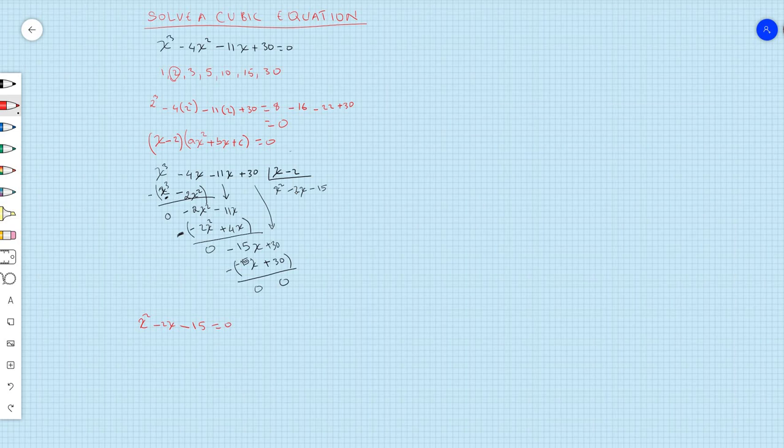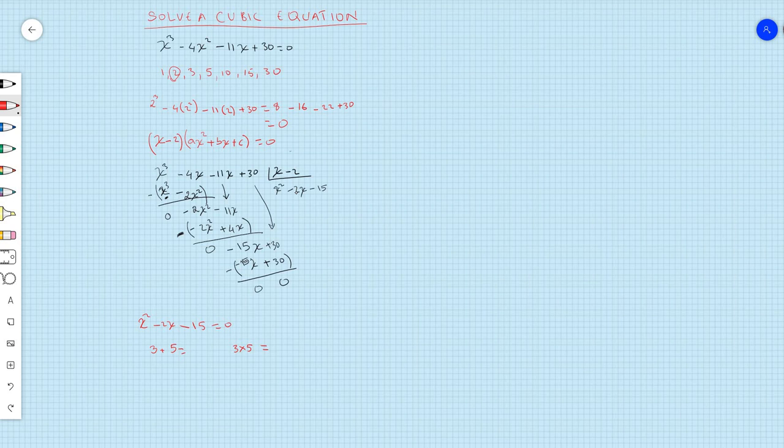I know 15 is 3 times 5. There is 2 times 7.5, but I mean, you don't want to do decimals, so do whole numbers. So 3 and 5 works, right? So 3 and 5.